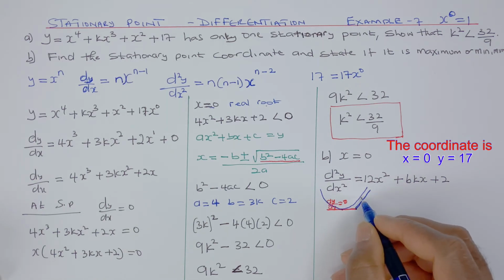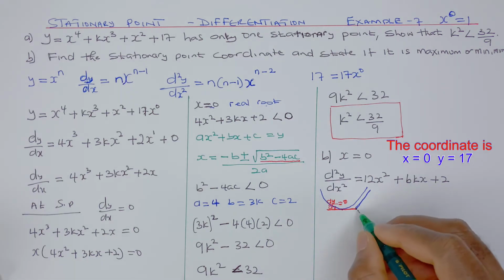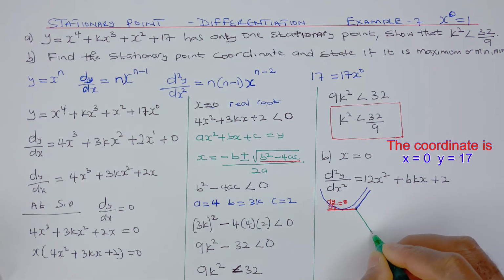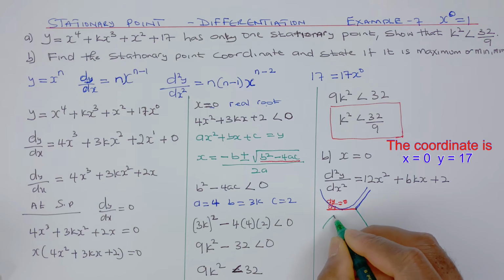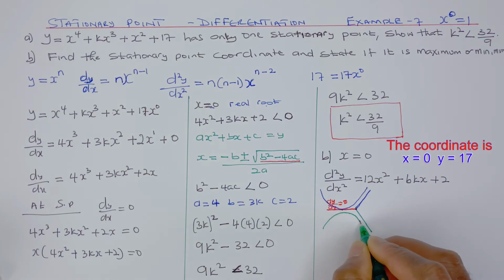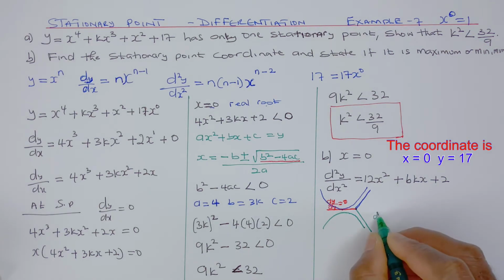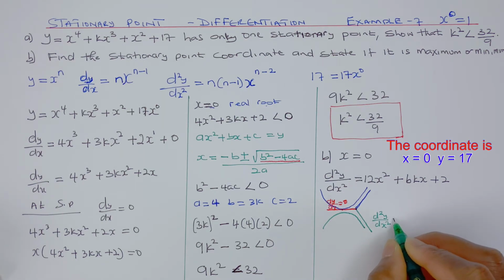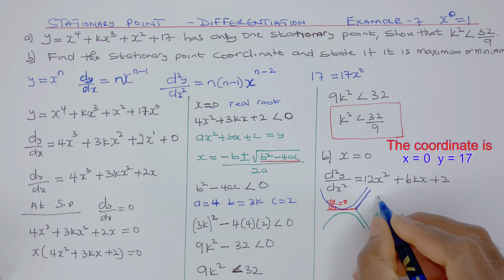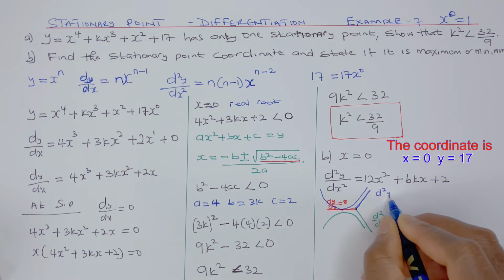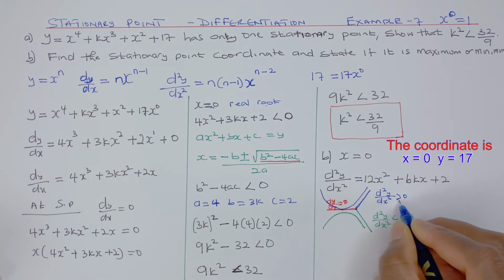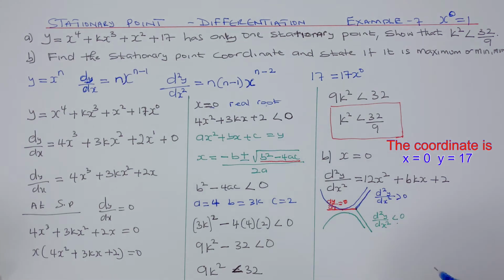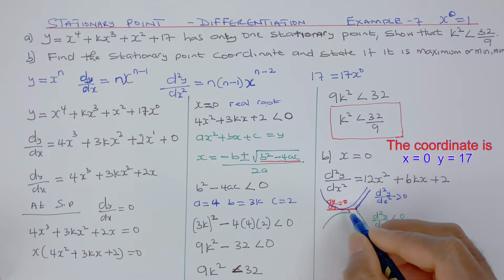If the second derivative is negative, then that is a maximum. d2y/dx squared is less than 0, or d2y/dx squared is greater than 0. That's positive, negative. So minimum, maximum.